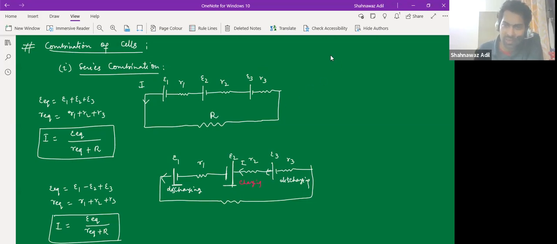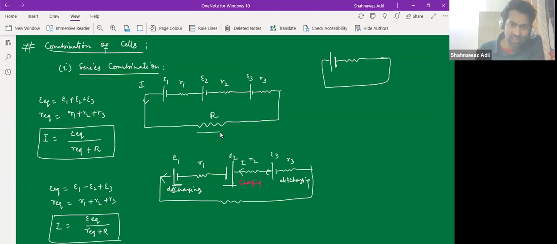Because if you connect these EMF to its terminal, then this would be short circuited, right? You are connecting the negative terminal to the positive terminal, then it will be short circuited, right? Because if you have a cell and you connect the positive terminal of that cell to the negative terminal, then that would be short circuited, right?